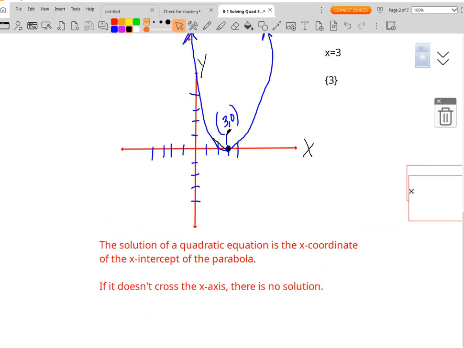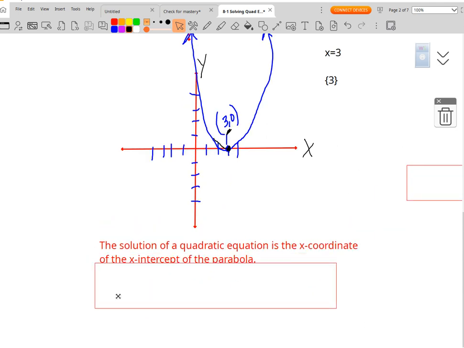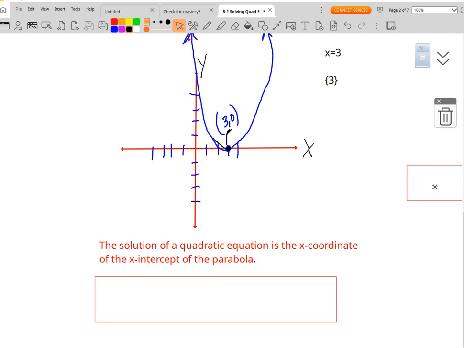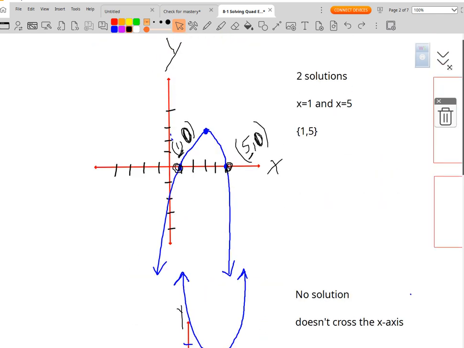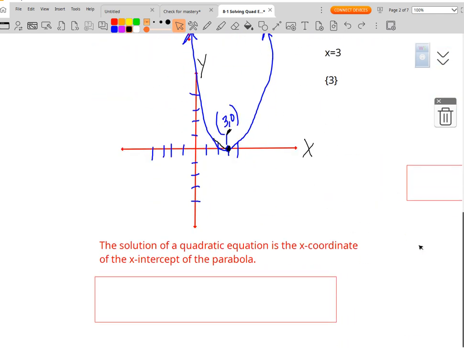The solution of a quadratic equation, yes? What did the second one say? It said no solution, they do not cross. Doesn't cross the x-axis. The solution of a quadratic equation is the x-coordinate.